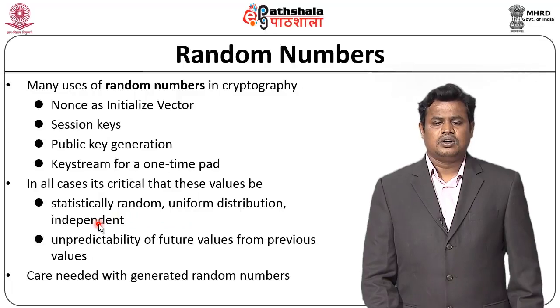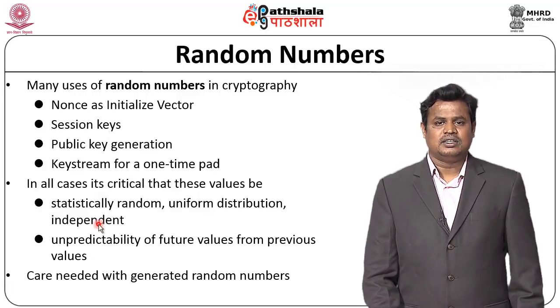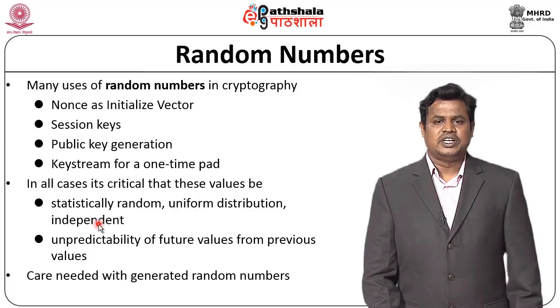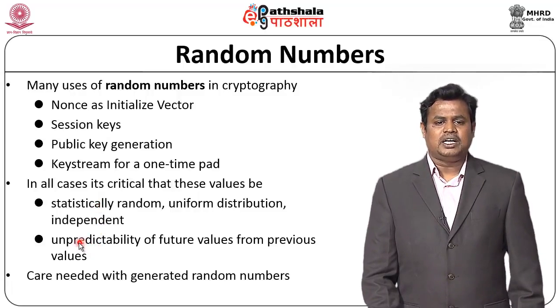That means there should not be dependency between one random number and the other random number. We should not be able to predict how they are related, or how one can be derived from another, and there should be unpredictability of future values from the previous values.